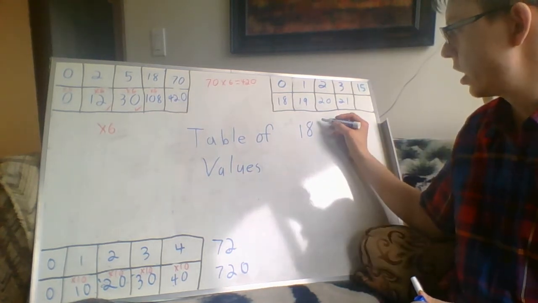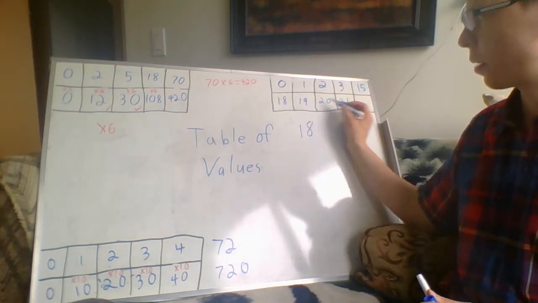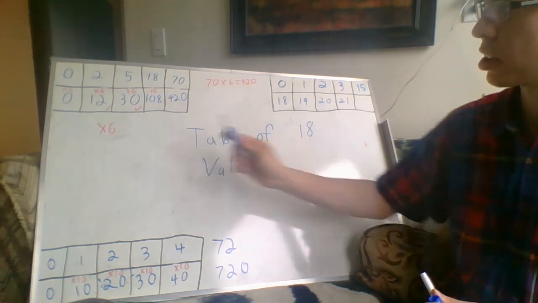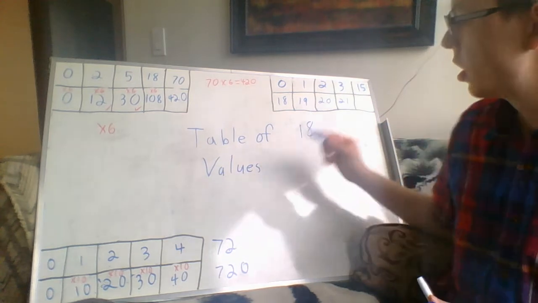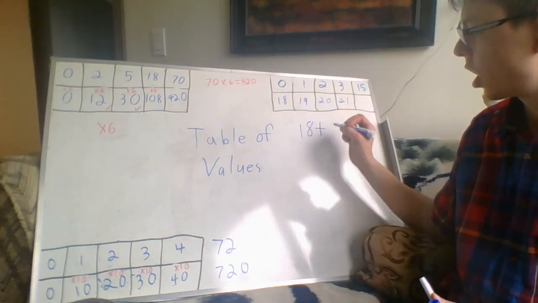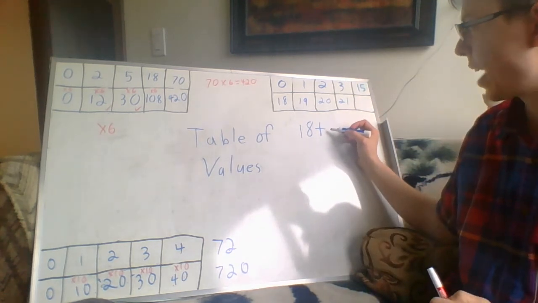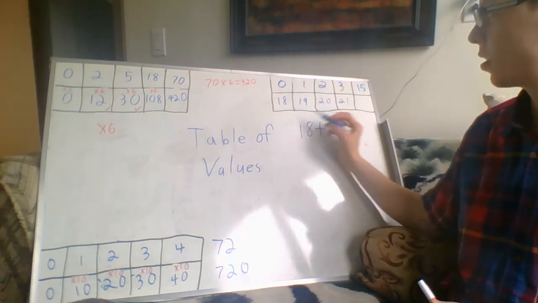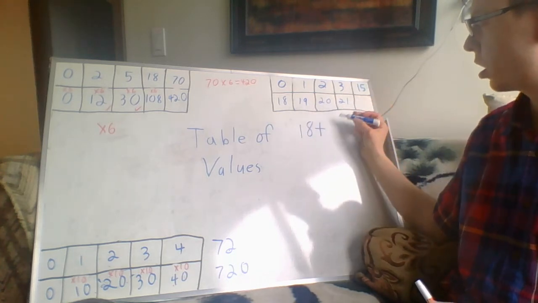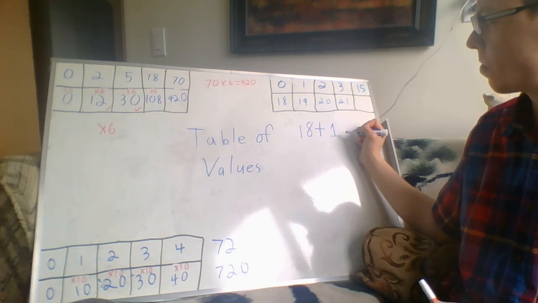So 18, and I can tell it's not multiplying by anything because it's not going up exponentially like any of these. Likely it's going to be adding. So I'm going to use my reasoning skills to figure that out. So adding. What is it adding by? 1, 2, 3. Oh, it's adding by 1 off the start here.